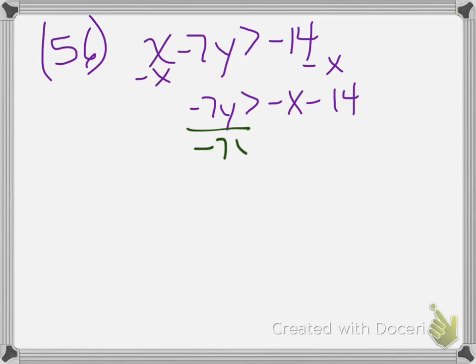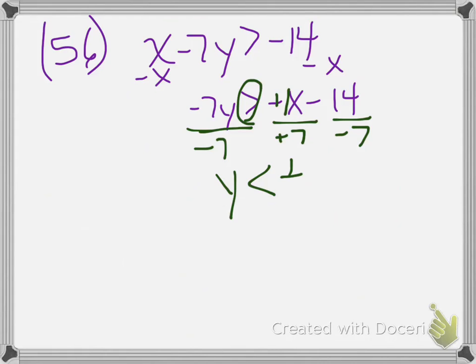If you divide by a negative number, not y, just 7, if you divide by a negative number, what happens to your symbol? It changes direction. So now y is less than -1x divided by -7. Those are going to both be positive. Minus 14 over -7 is plus 2.